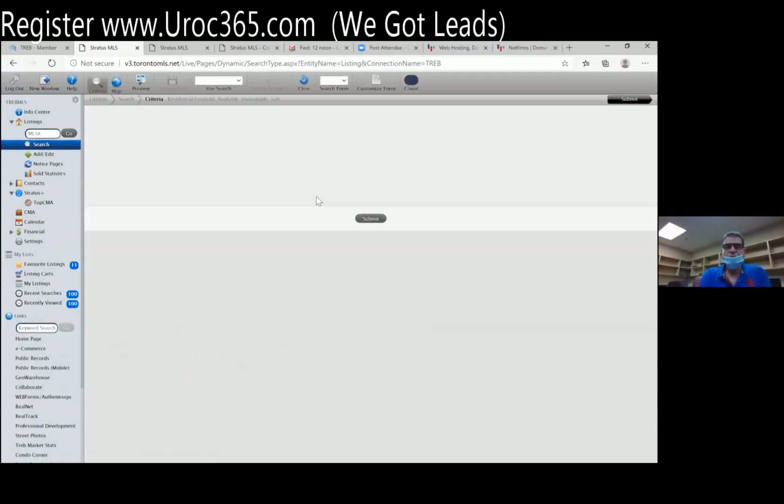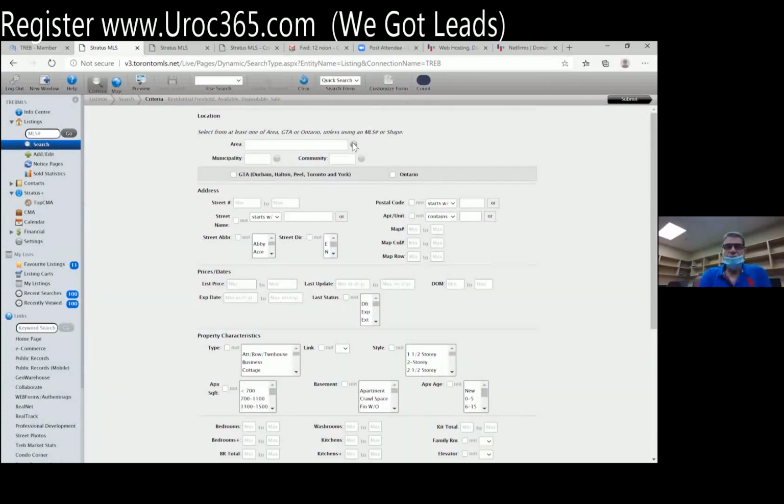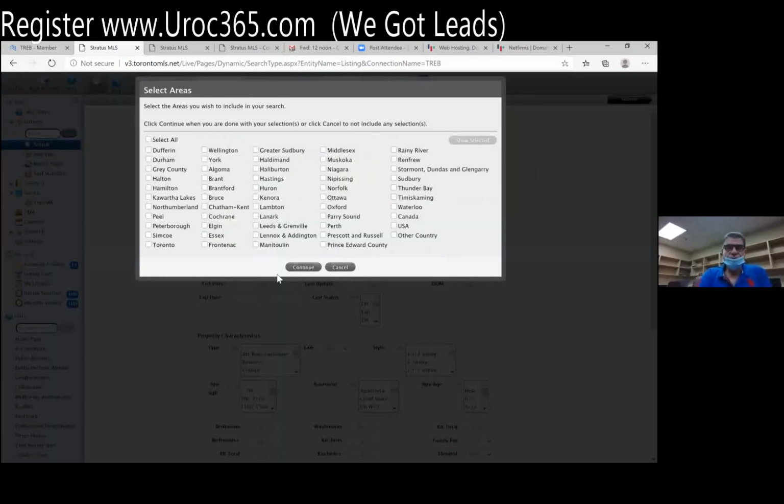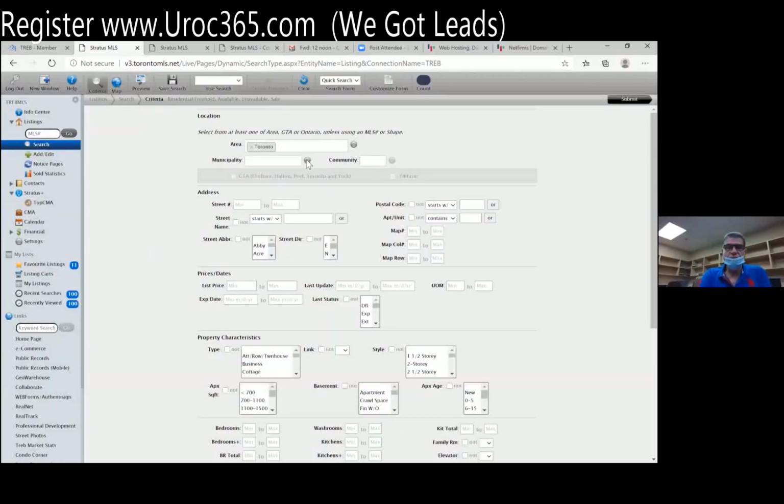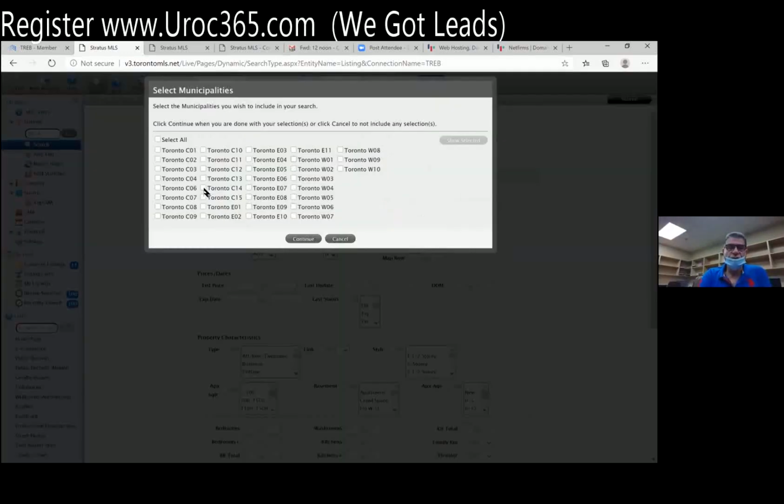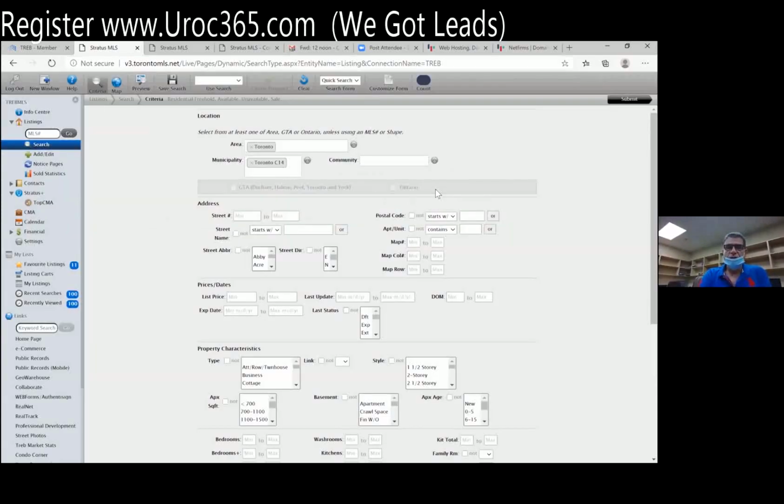Okay. The area is Toronto. Municipality C14. Toronto C14. Empress is in C14. And the community is Willowdale East.